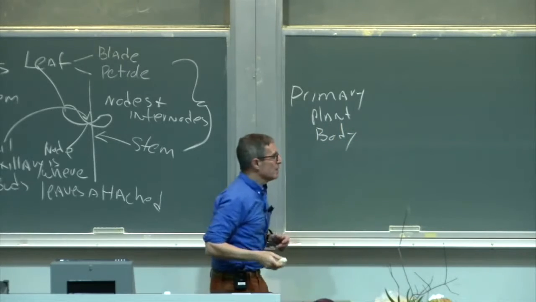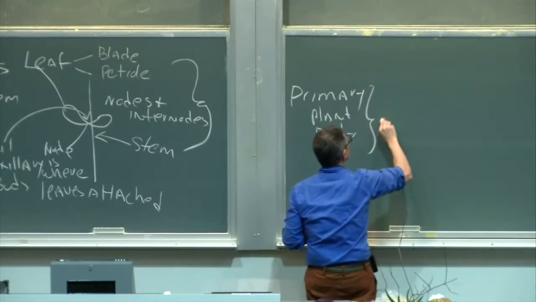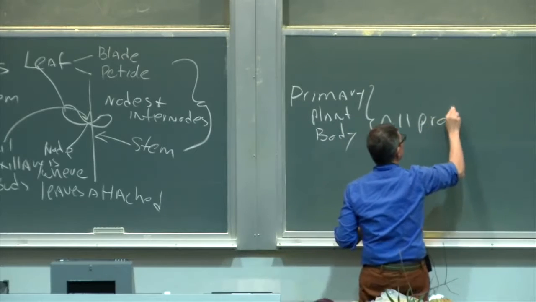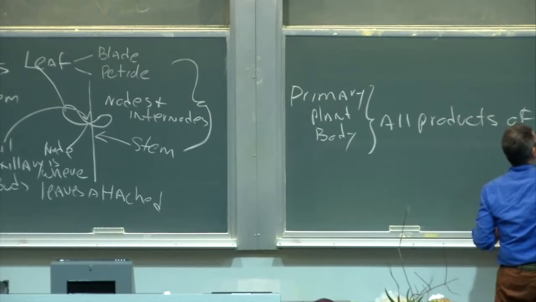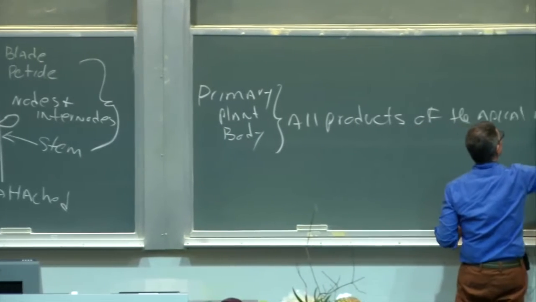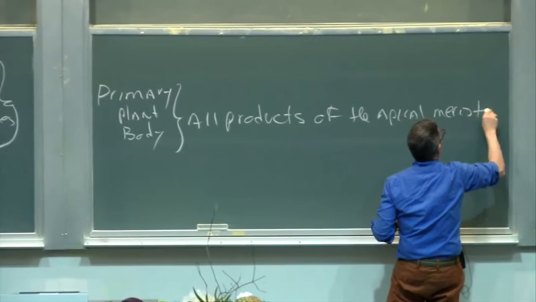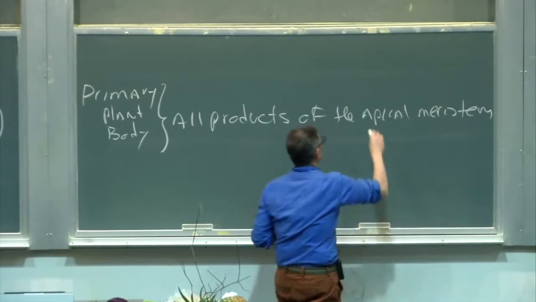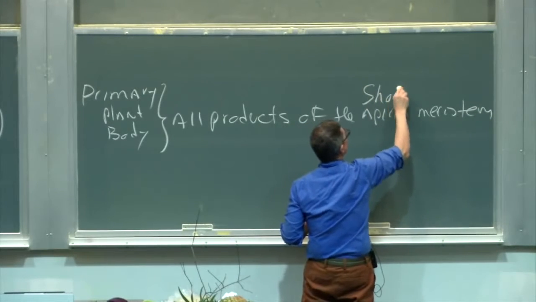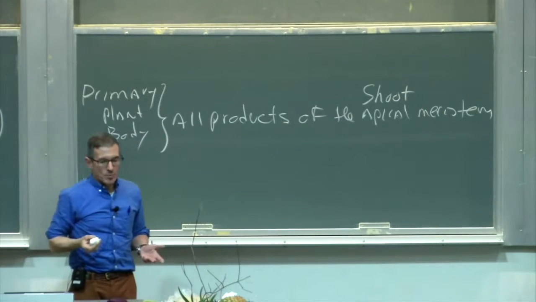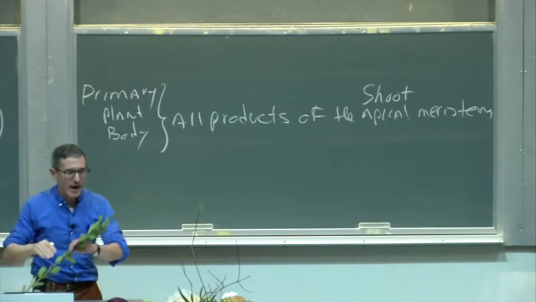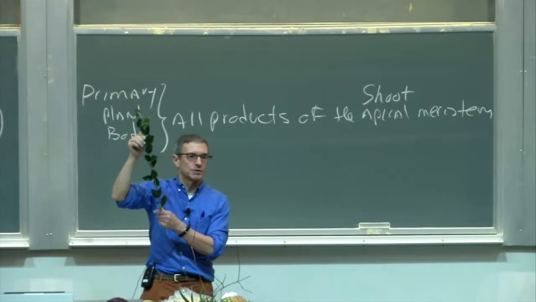That is, they are all products of the apical meristem. And this, of course, would be the shoot apical meristem, because we're talking about the shoot system. This shoot apical meristem, we said, is located at the tip of a branch.